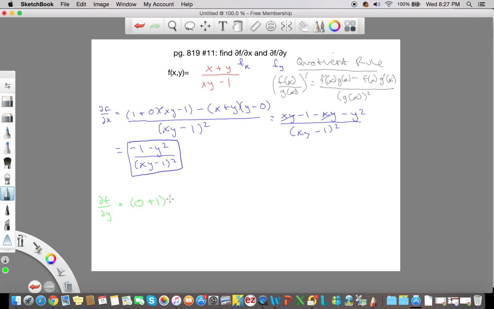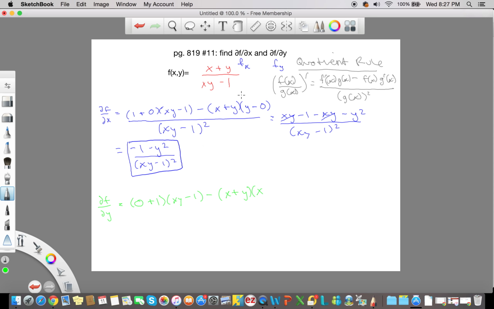Now we're going to do it times the second, which is xy minus 1. Then minus the first, which is x plus y, times the derivative of the second. In this case, we're taking it with respect to y, so the derivative of xy with respect to y, where x is considered constant, is just going to be x.